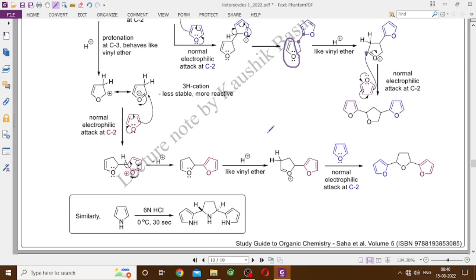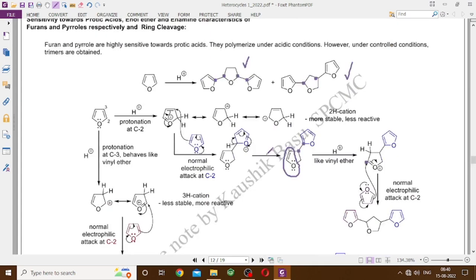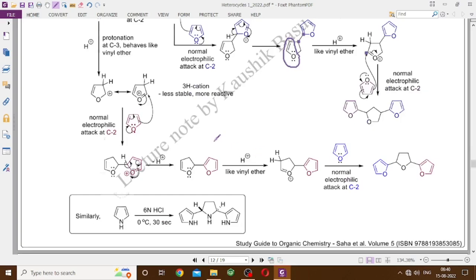So this is definitely a problem, and therefore you must rigorously avoid protic acids under any condition to achieve any meaningful reaction of furan and pyrrole.